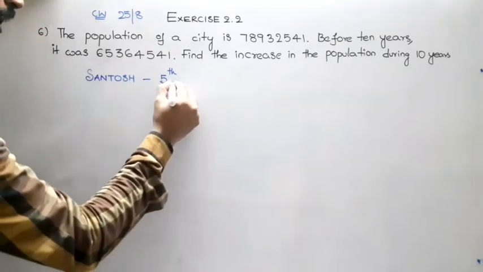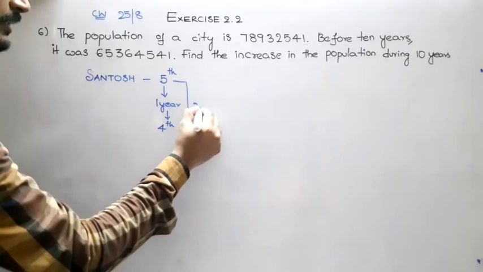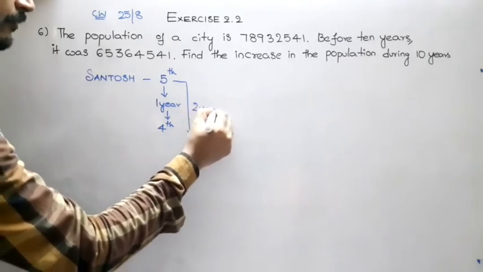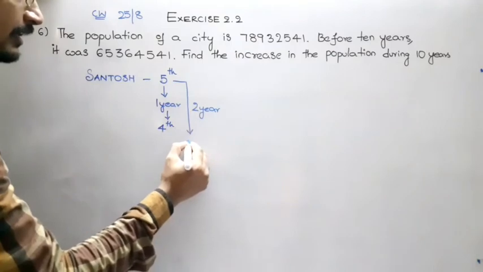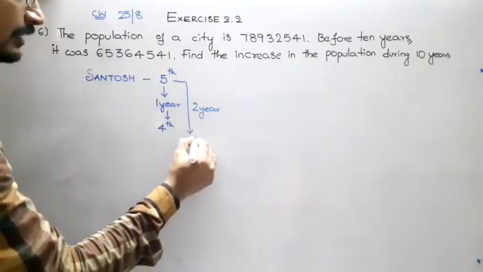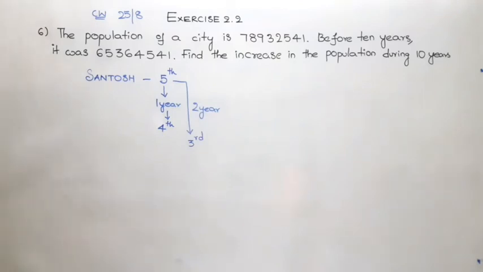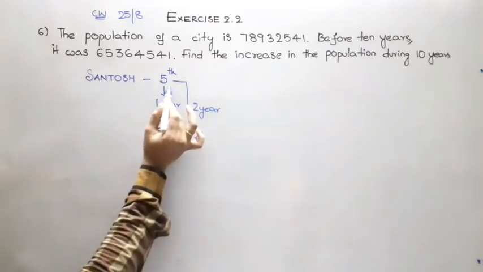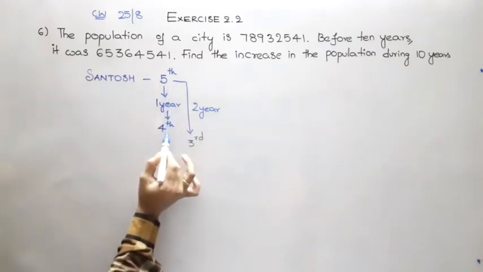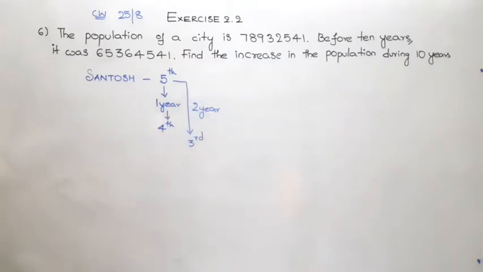If someone else asks, which class were you studying 2 years back, then he will say, I was in 3rd class. Isn't it? So if we ask him which class you studied 1 year back, he will say 4th standard. 2 years back, he will say 3rd standard.